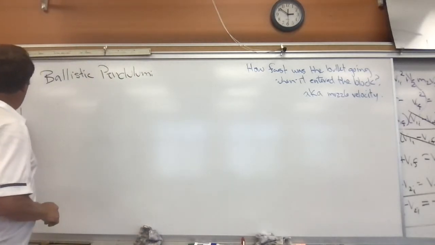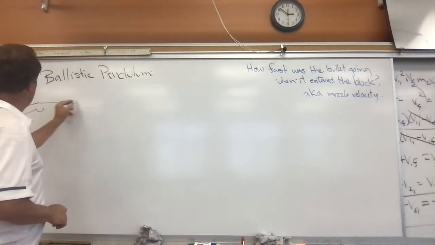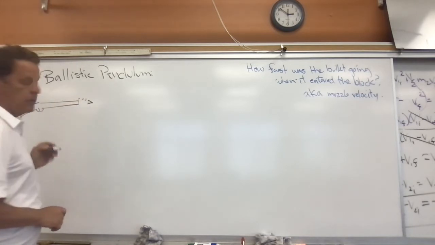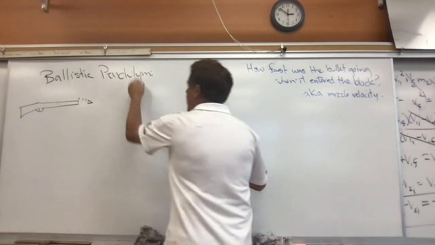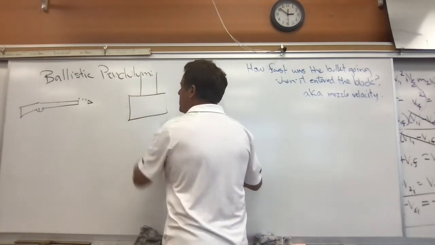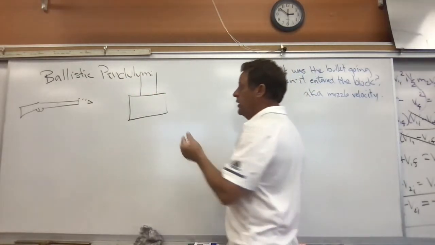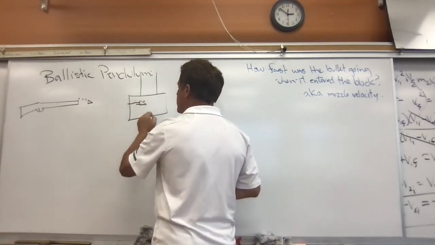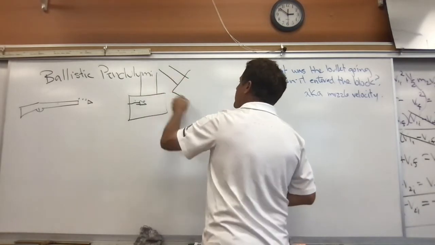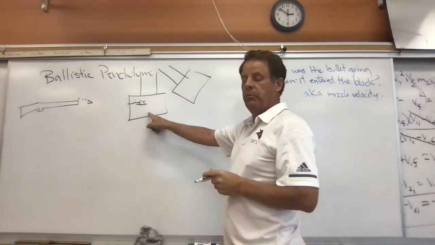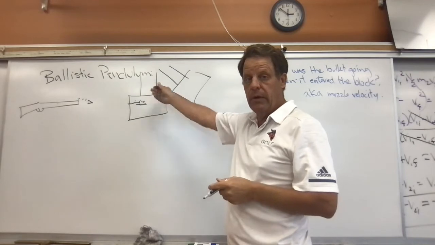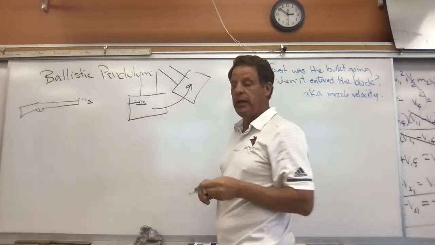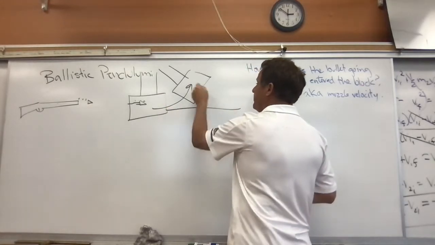What we're going to have here is a gun, and it's going to shoot out a bullet. If you aim that bullet at a big block, let's say a block of wood, the bullet will embed into it, and as a result, this block of wood hanging from a couple of strings will swing up like a pendulum, okay?